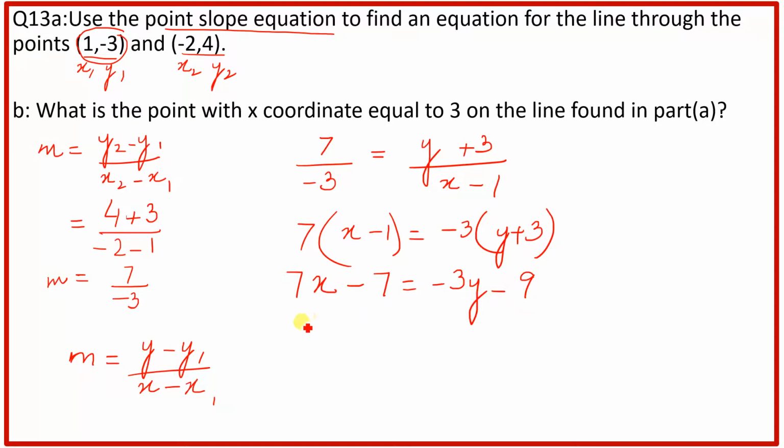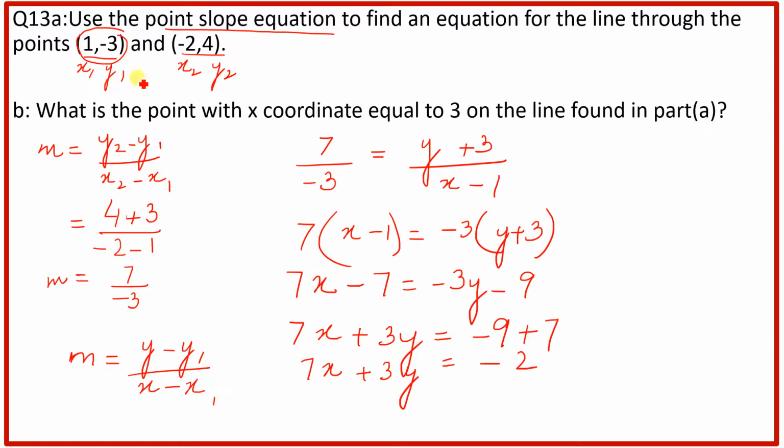If we move -3y to the left hand side, it will be positive, and this is positive 7. Here we have -2, so 7x plus 3y is equal to -2.